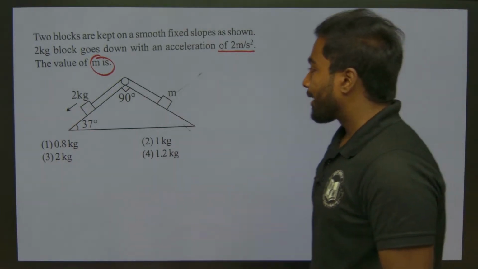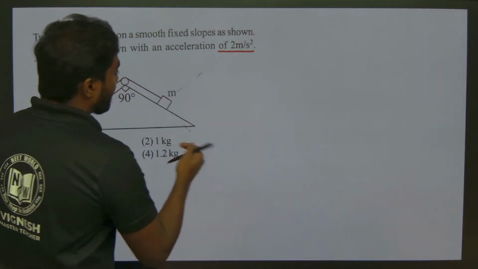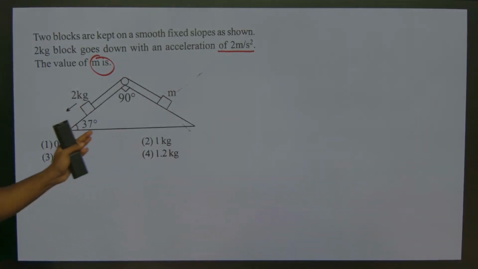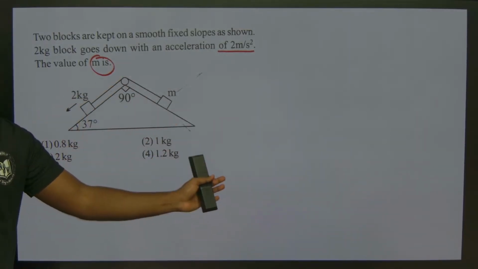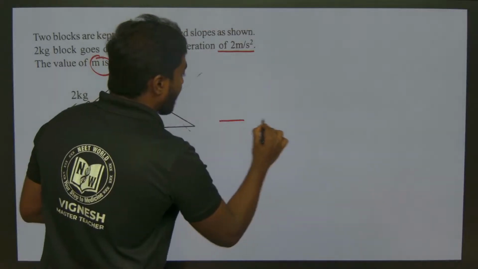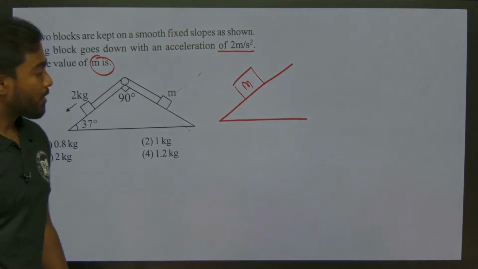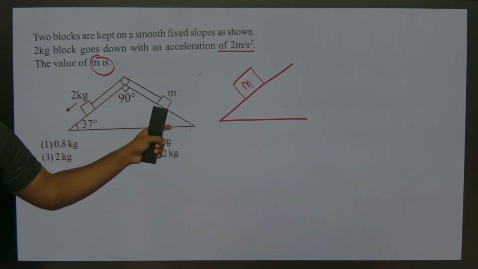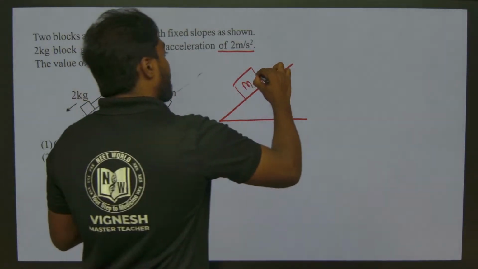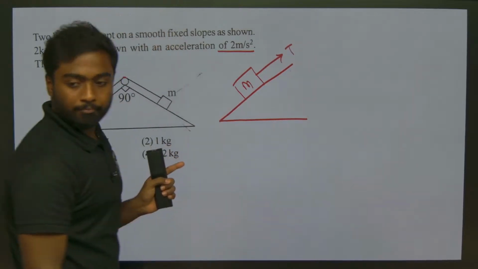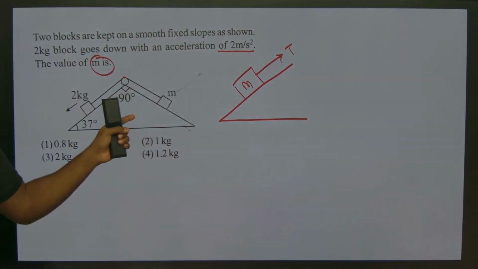Now what I can do is take the free body diagram for both the conditions. So this is one condition and this is one condition. If I take this block, it is attached with a rope. Rope in the sense, this one will be my tension.